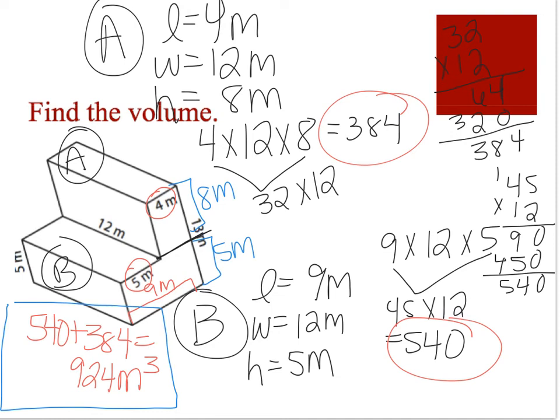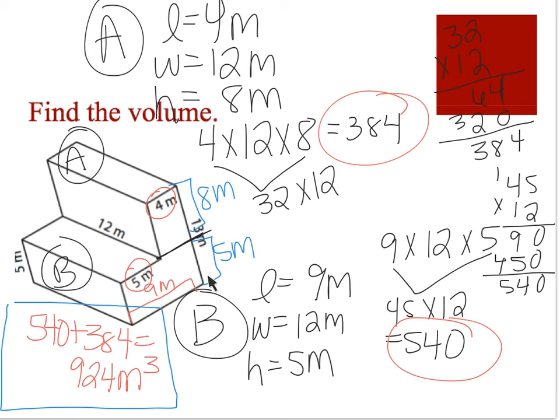So first of all, I cut my shape across right here to make a rectangular prism here and a rectangular prism here. And then I labeled it A and B. So let's start with the rectangular prism A. My length is 4 meters, my width is 12 meters, and my height I had to figure out.